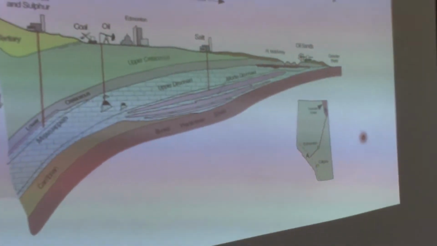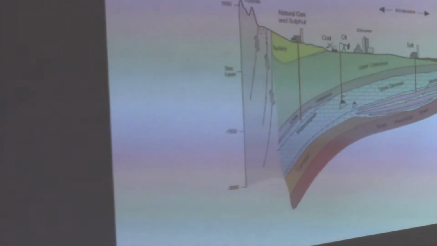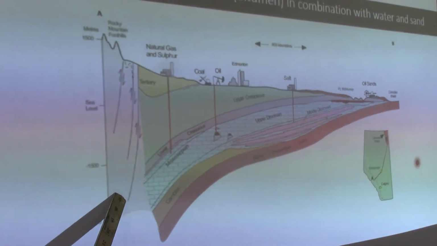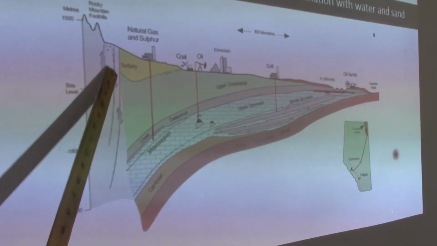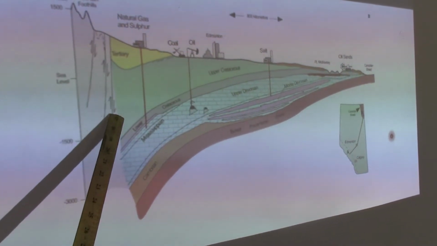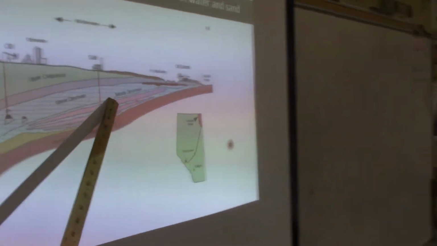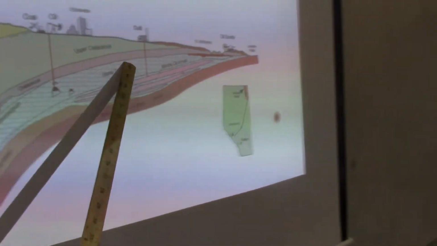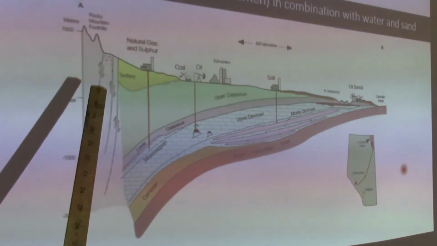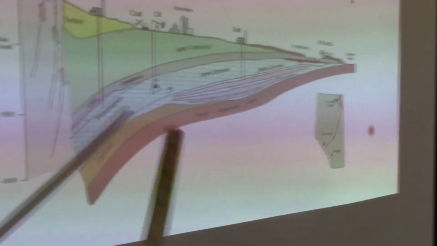I need a pointer here. So this is the Rocky Mountains to the west, and the foothills are right here. So Cochrane would be kind of here, right? And then this goes east across the province, and these are our bedrock layers from west to east, okay?